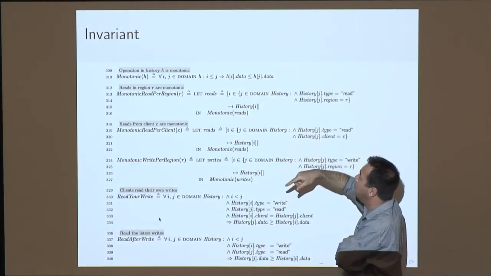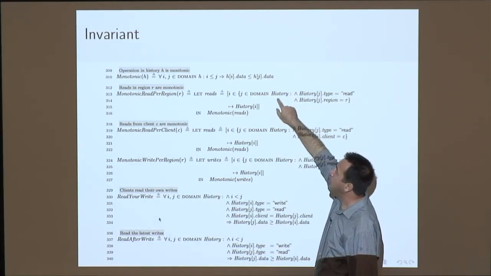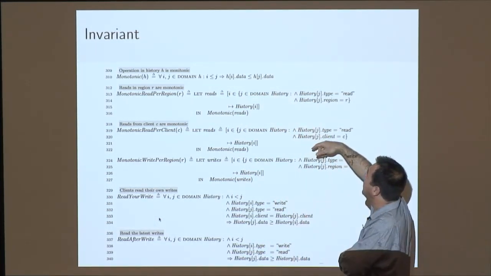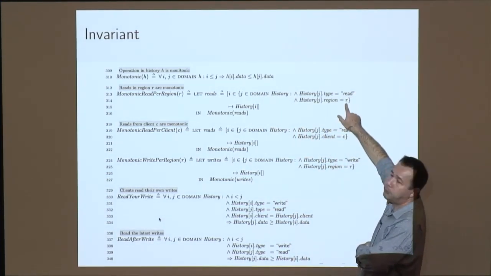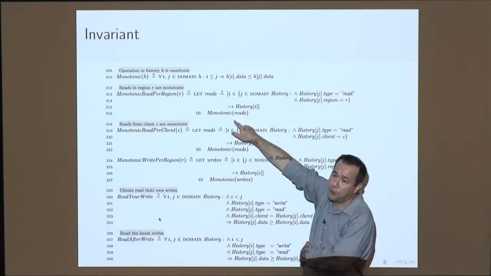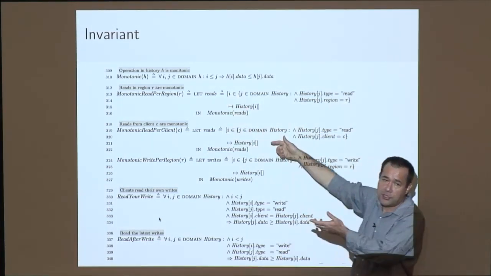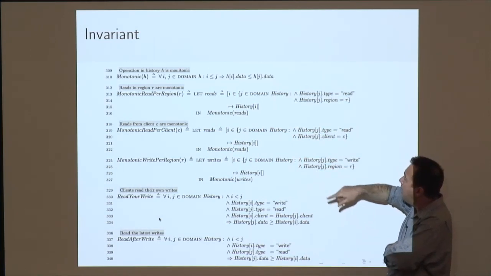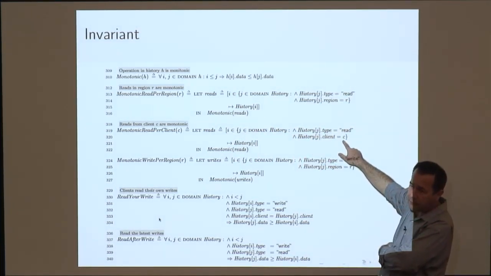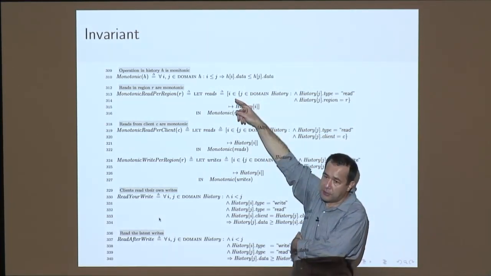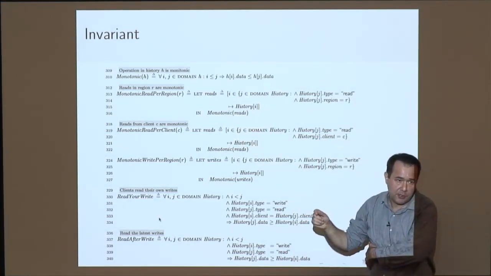This defines monotonic. Then in math, you can write these things. You can say, filter the history with respect to reads, and from this region only, and pass it to monotonic reads to check monotonicity with respect to region. And you can say, filter the history with respect to reads from this client only, then pass it to monotonic reads to check that we give the monotonic reads per client guarantee.